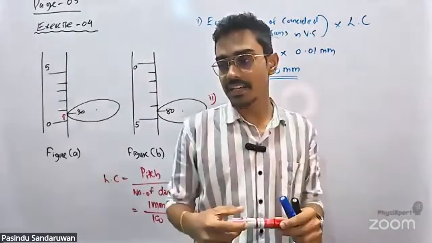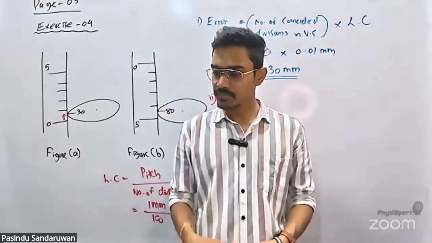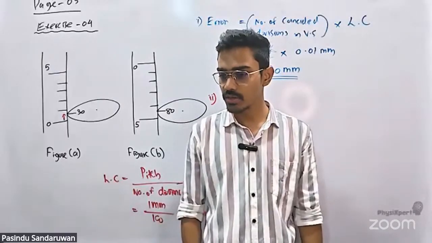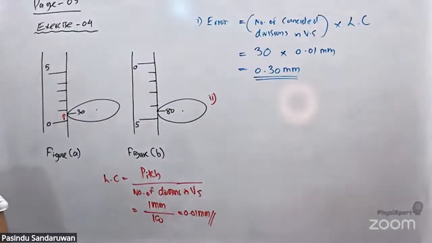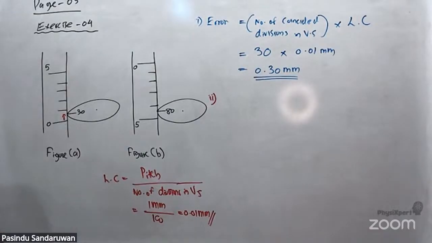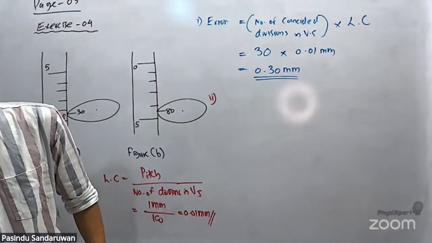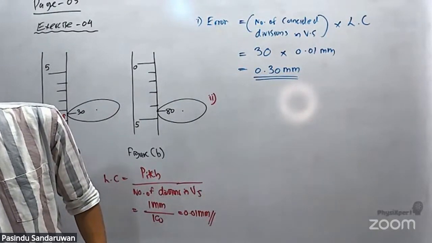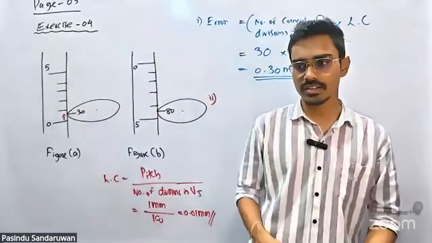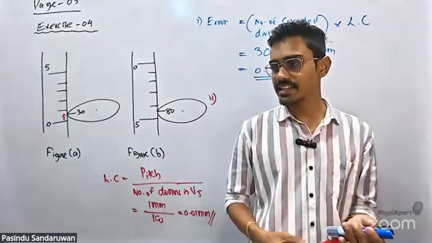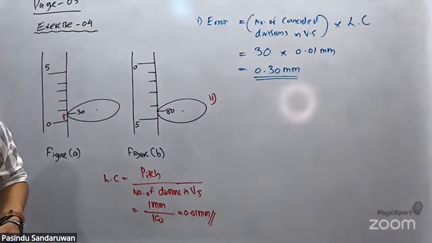What is the apparent reading of figure B? One says 4.20. Others? 4.20. It seems everybody has got 4.20. Let's see whether it's correct.